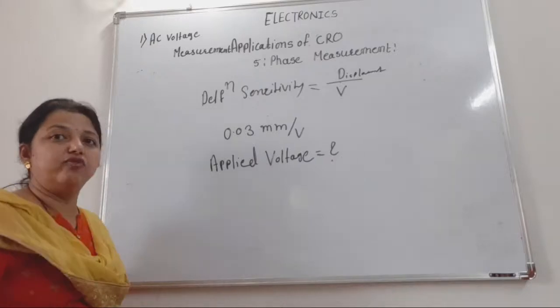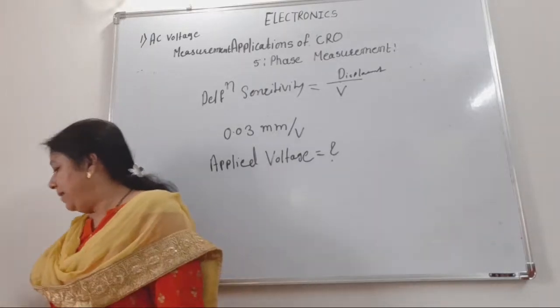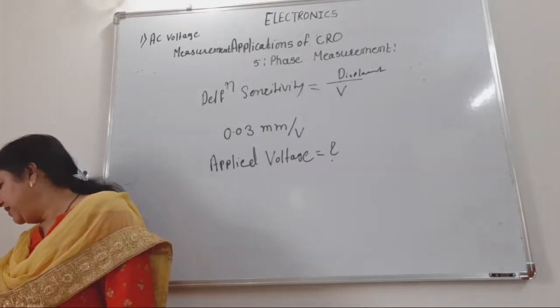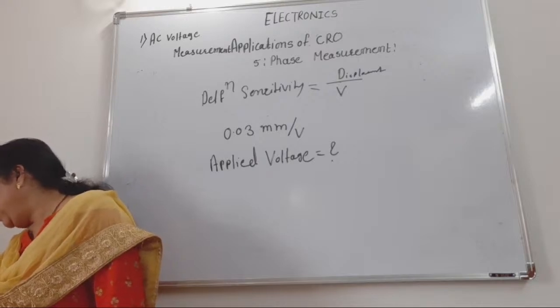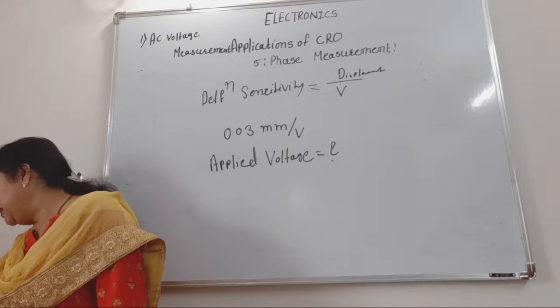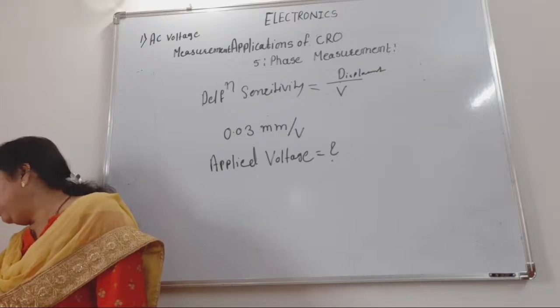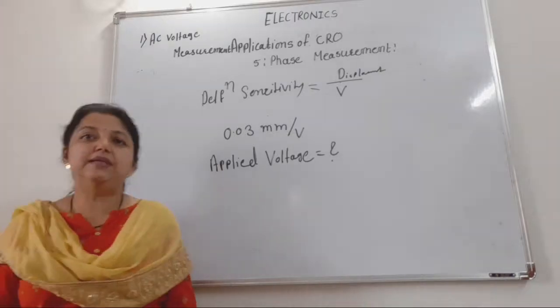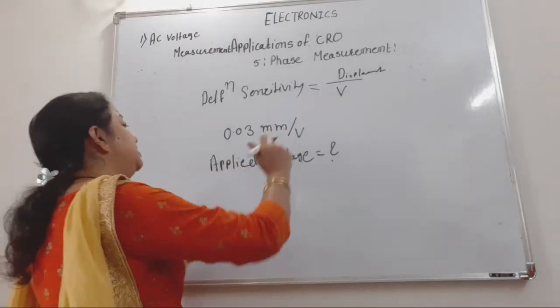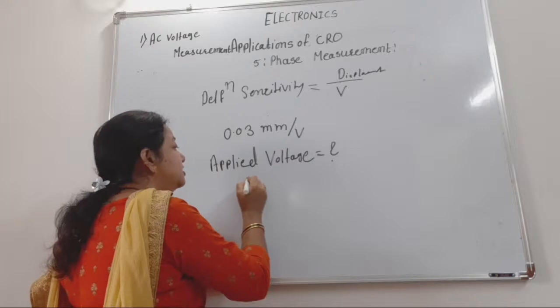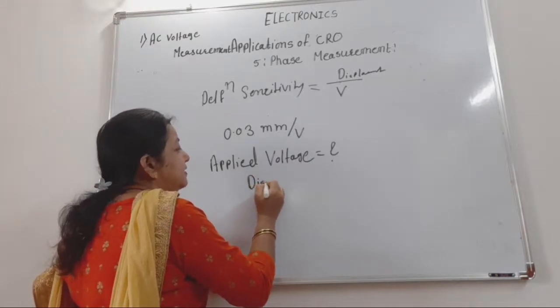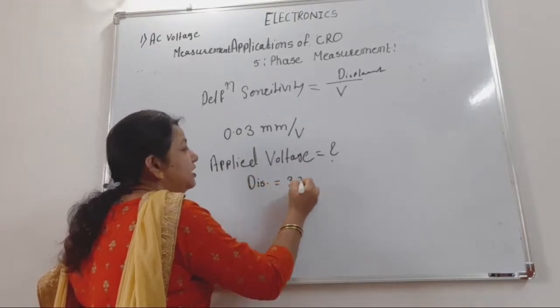What is the other given data? The voltage applied to the X plate causes a deflection of the spot of 3 millimeter. Means the displacement, or spot shift, is equal to 3 millimeter.